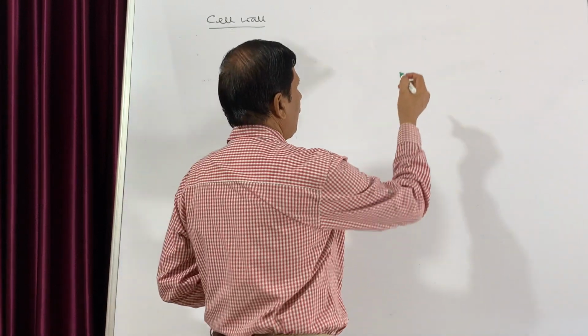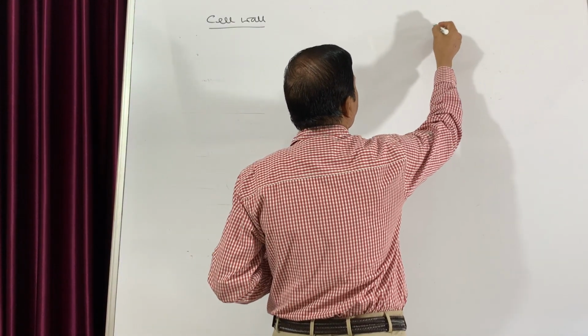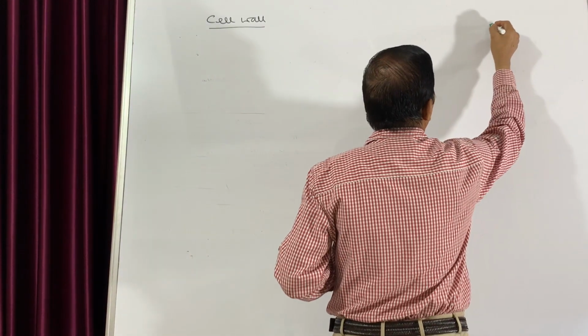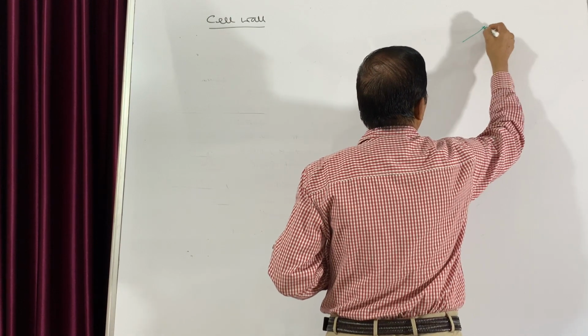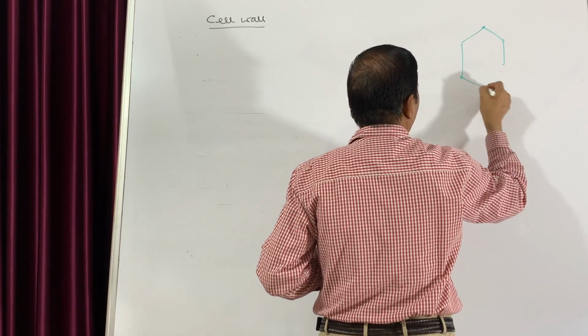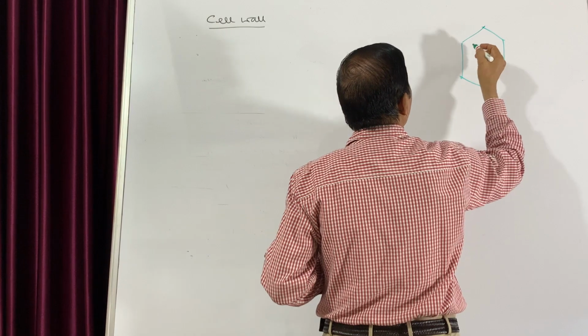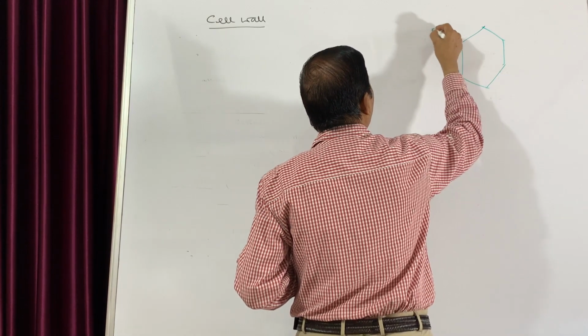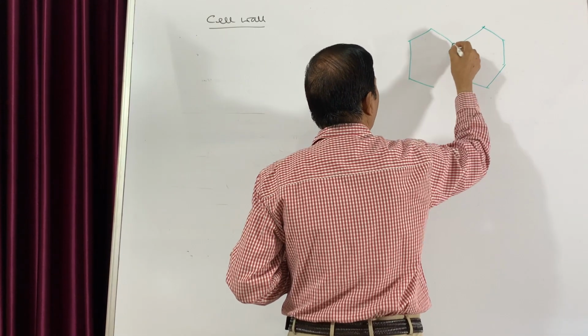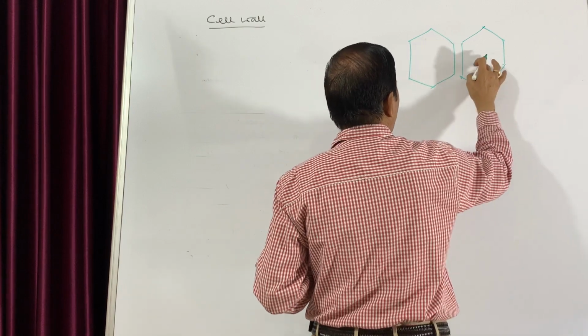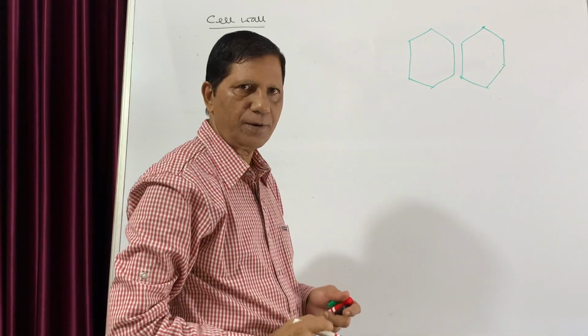Usually, if you draw the cell wall, this is one cell, this is another cell.